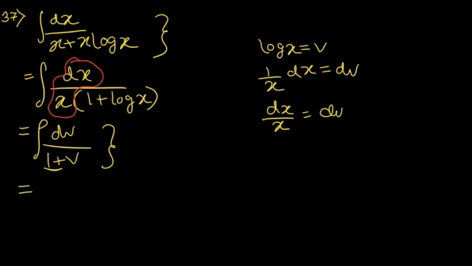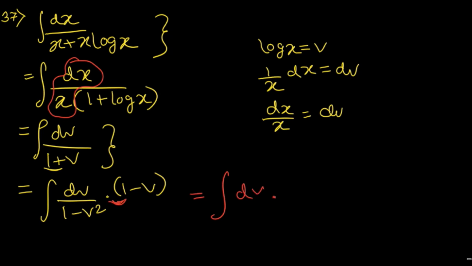So the integration of dv by 1 plus v, if you rationalize it, gives 1 minus v square below and 1 minus v above. You need to break the term accordingly, as the integration of dv, 1 by 1 minus v square minus v by 1 minus v square, and continue with the sum.